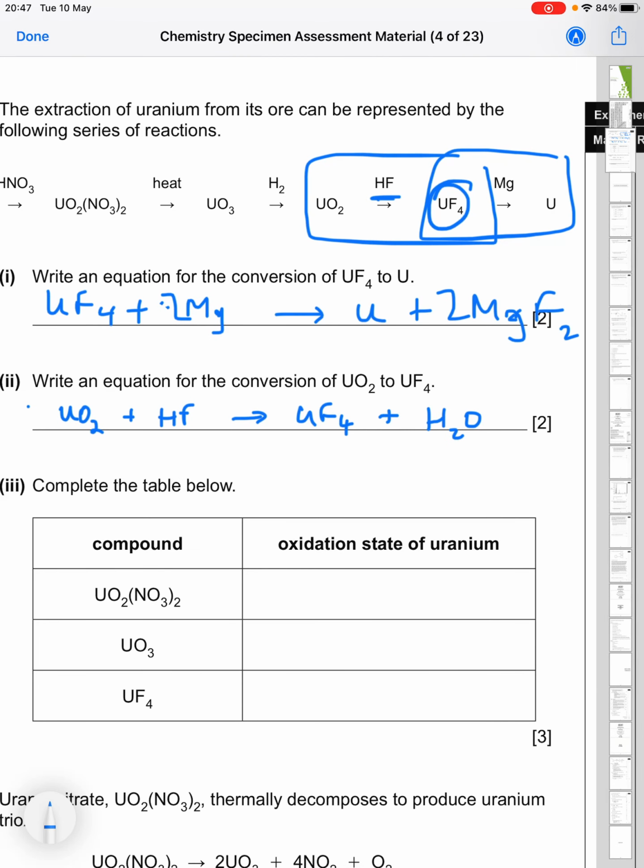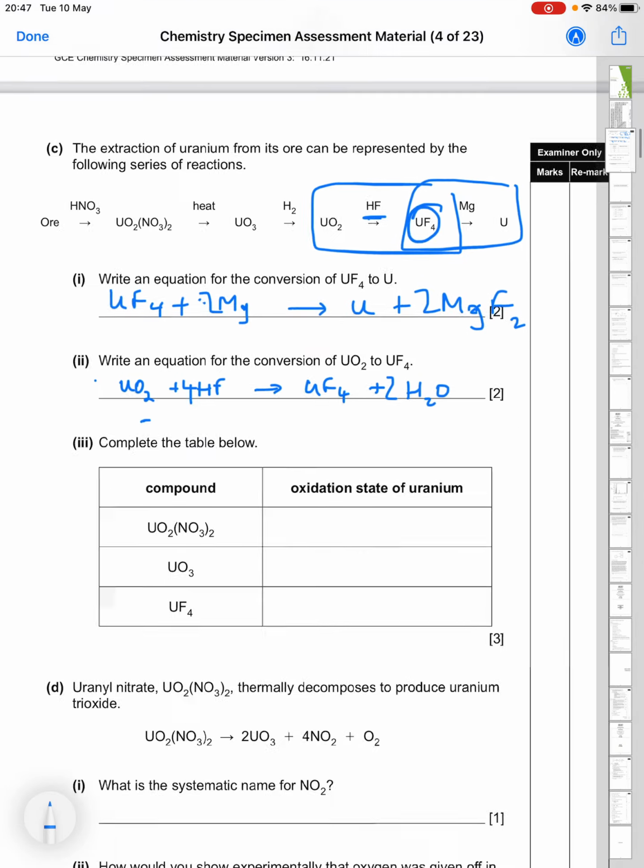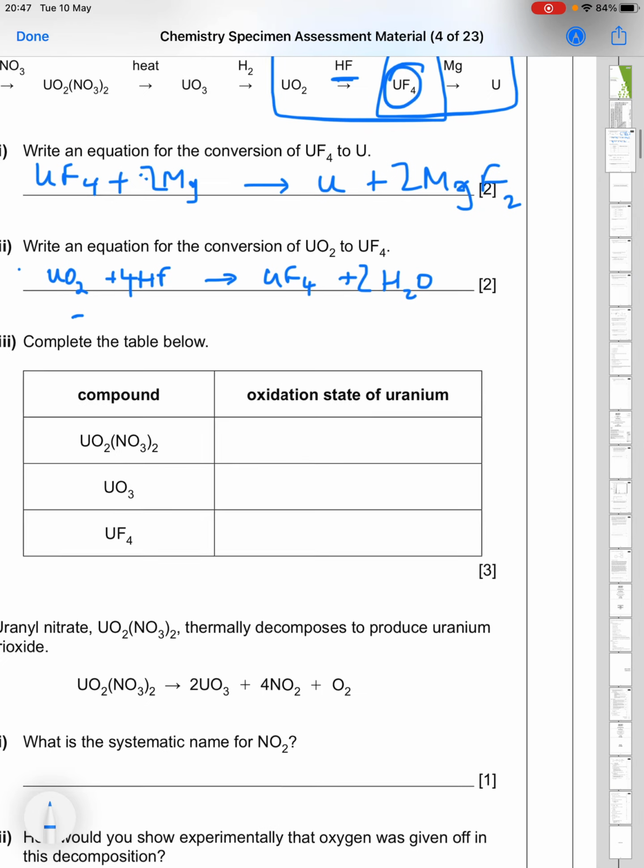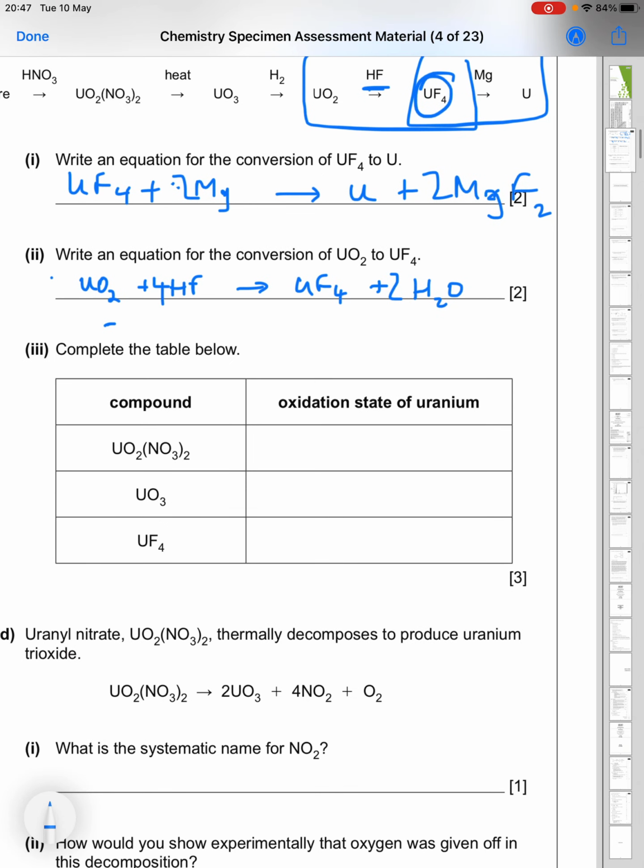So again, 2 marks for this, 1 mark for getting those species correct, and then we have to balance it, so we need 2 in front of the H2O, and then 4 there, and that balances everything up.